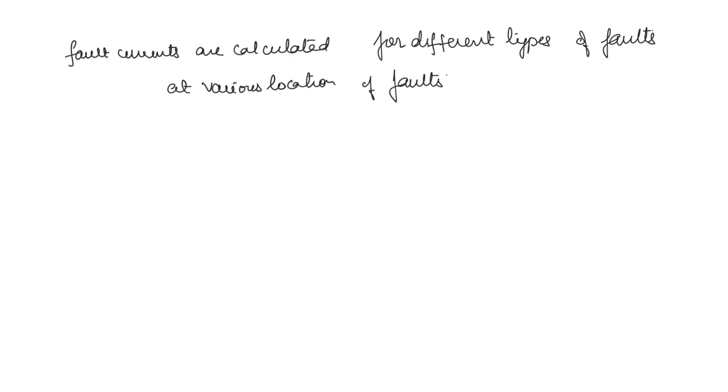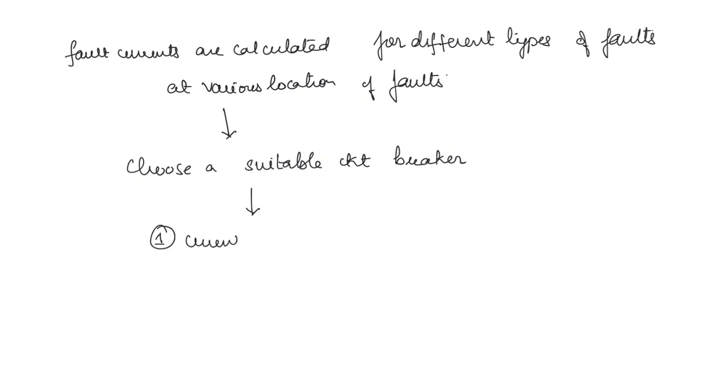Once the fault current is calculated, we have to choose a suitable circuit breaker. This choice of circuit breakers depends on two factors. The first one is the current flowing immediately after fault occurs.